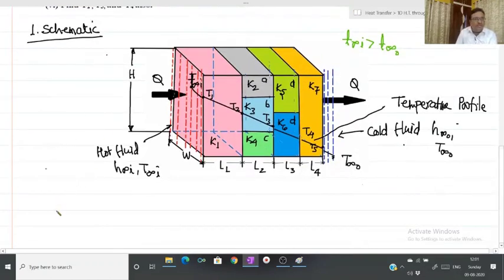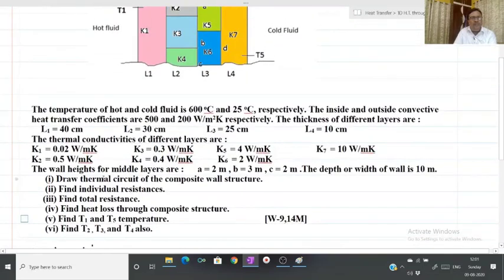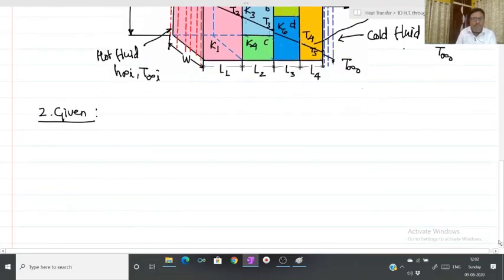So the next step is to enlist all the given things. The values of different parameters are given. Let us start from temperatures and heat transfer coefficients. T infinity I, that is hot fluid temperature, is given as 600 degrees Celsius.